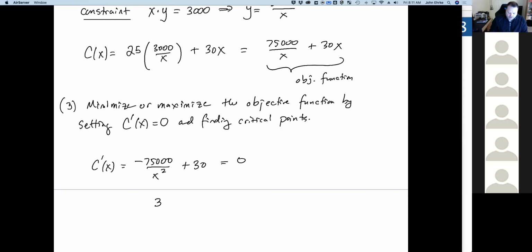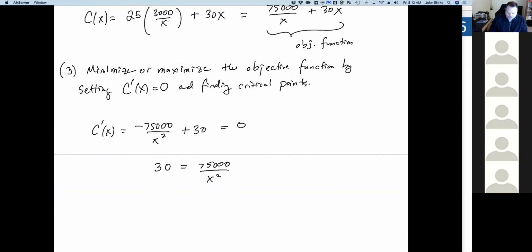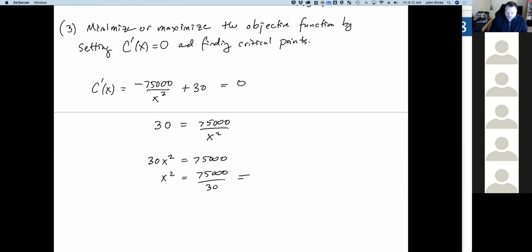So I have 30 is equal to 75,000 over x squared. So 30x squared is 75,000, and x squared is 75,000 divided by 30. So x is the square root of all of that.